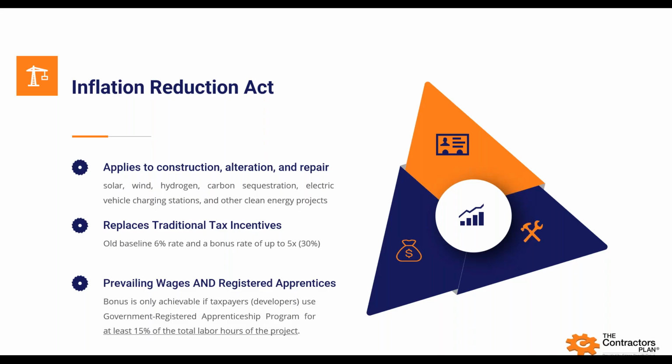So 15% of the total craft labor hours of a project must be government registered apprenticeship programs. Even if you have a great training program internal to your company, if that training program is not a government registered apprenticeship program, then that would not qualify.